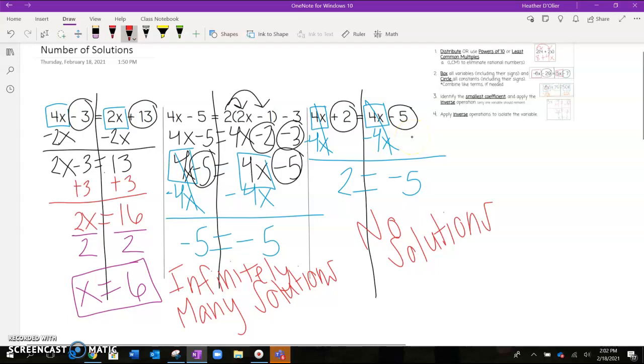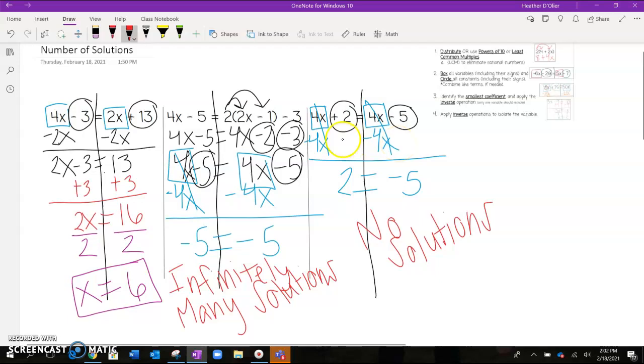However, on this one, I do have multiplying by 4, but on this one I'm going to add 2, and on this one I'm going to subtract 5. So there's no way to end up with the same answer. These will never be equivalent.